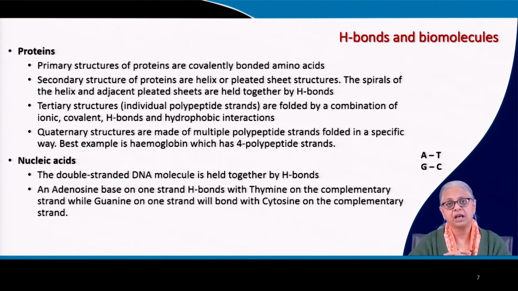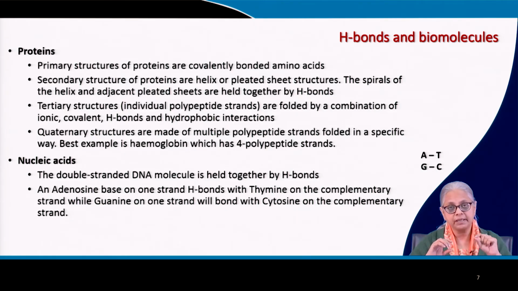And then finally, we have quaternary structures. Quaternary structures are formed when you have more than one polypeptide strand in a particular protein. So the best example is hemoglobin. Hemoglobin is something that you have all heard about, and it has 4 polypeptide strands. Each one of these 4 polypeptide strands is folded in a particular way, and they're arranged spatially in a particular fashion.